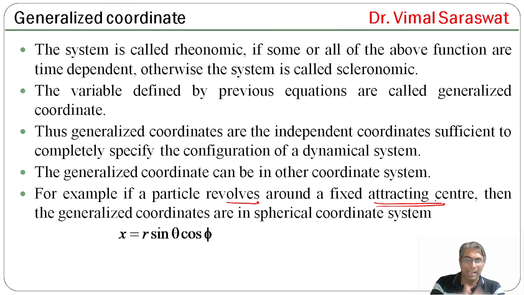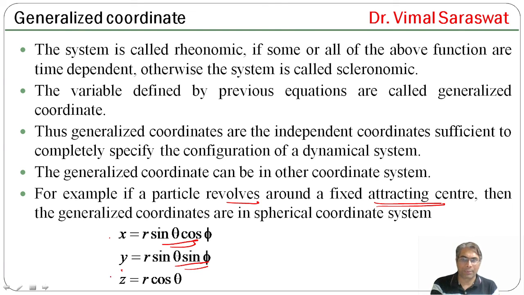Now, in the spherical polar coordinate system, x is r sin theta cos phi, y equals r sin theta sin phi and z equals r cos theta. So these are the coordinates in a spherical polar coordinate system.